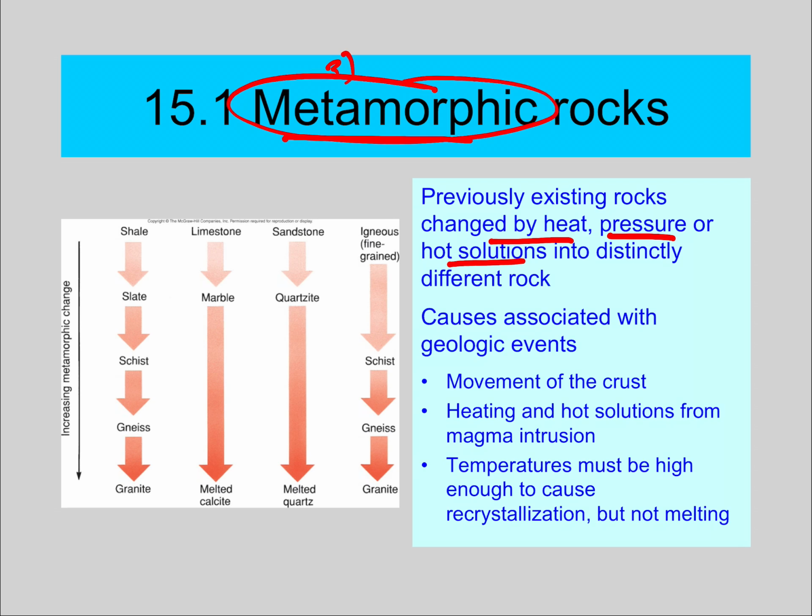This is usually associated with geologic events, so big movement of the crust, and heating and hot solutions from magma intrusion. The temperatures and pressure must be high enough that they cause recrystallization but not melting. So the rock has to be able to reform. It can't just be melted into liquid magma.